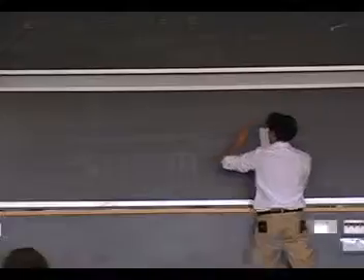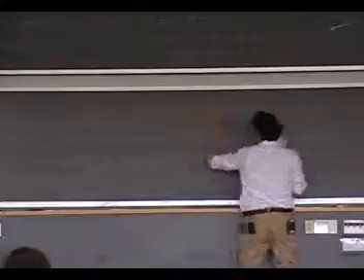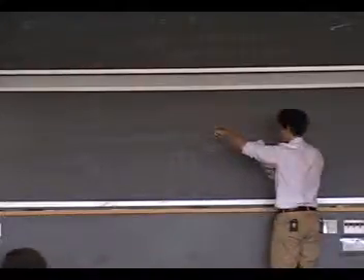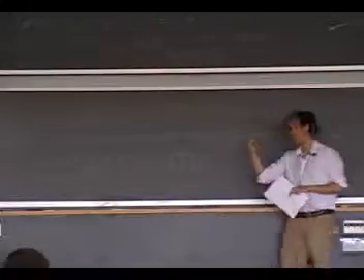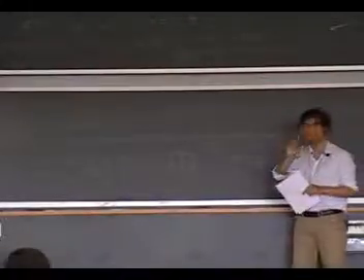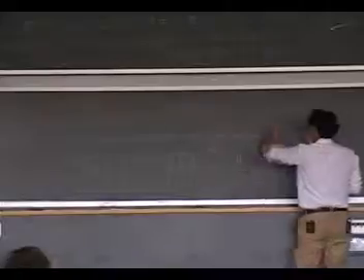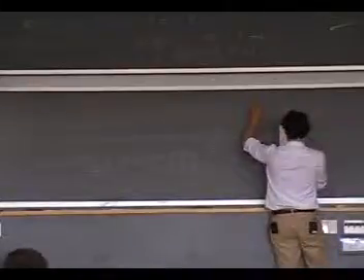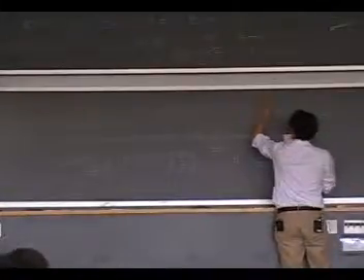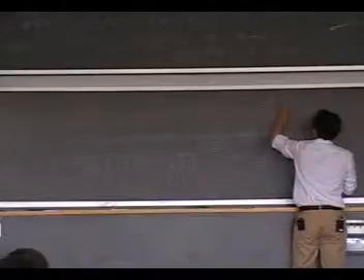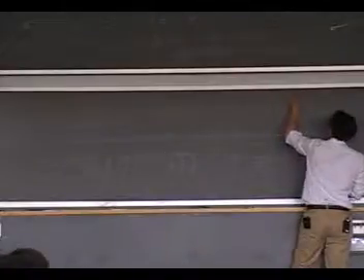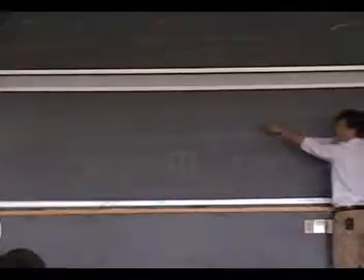Another exercise that you should check: you need to convince yourself that L squared is equal to S squared. That's the other thing you need. Once you have these two things, let me show you how the calculation goes.